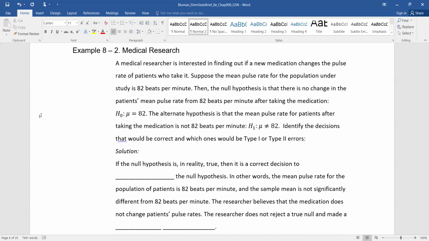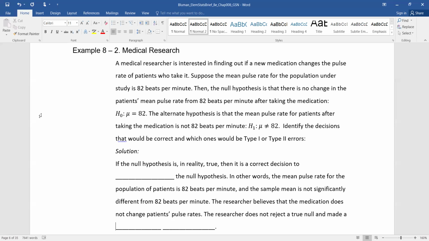Suppose the mean pulse rate for the population under study is 82 beats per minute. Then the null hypothesis is that there is no change in the patient's mean pulse rate from 82 beats per minute after taking the medication. So again, the null hypothesis is that it's going to equal 82.